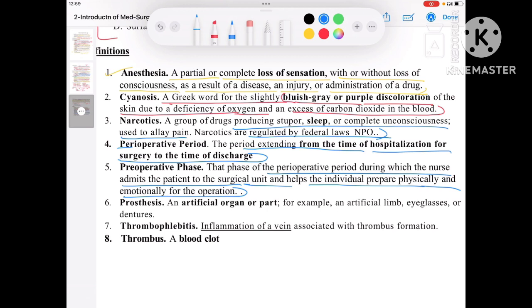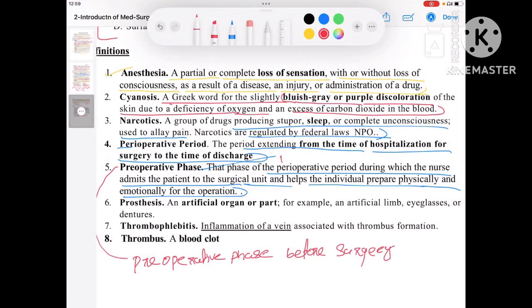Then during surgery is the intraoperative phase. The last one is the postoperative phase, that means after surgery.